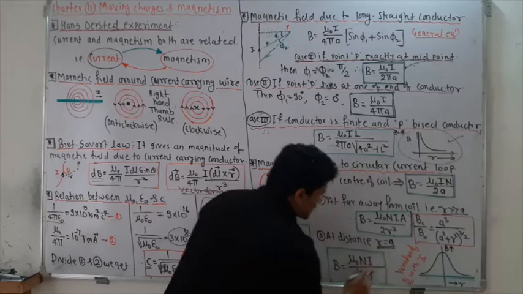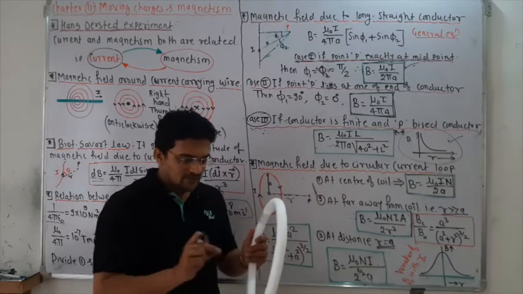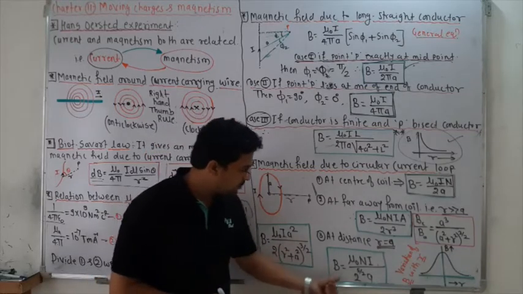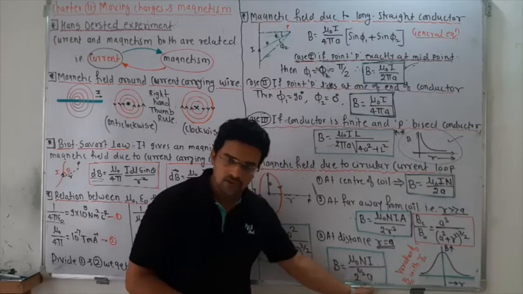So make the correction. At that point P, the field is mu naught n I divided by 2 raised to 5 by 2 multiplied by a. So this is the equation.